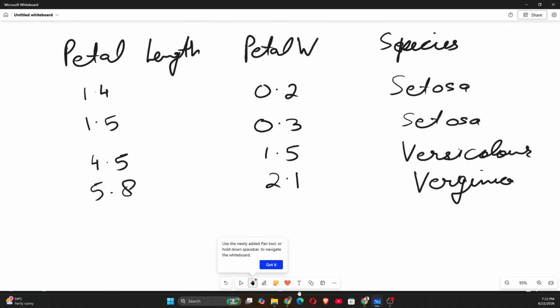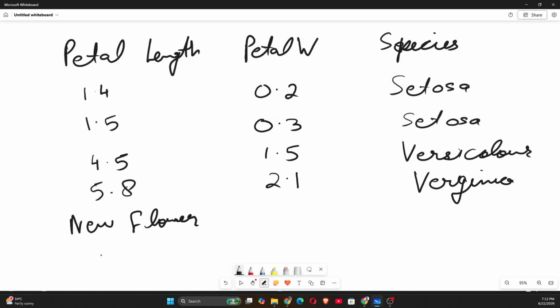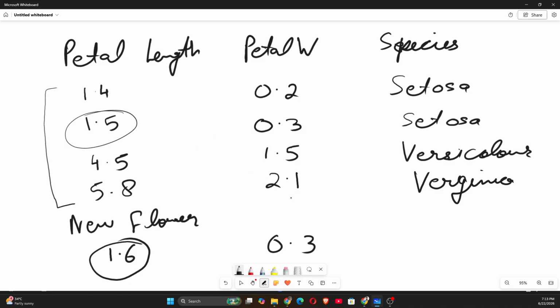So if I give a new flower with petal length 1.6 and petal width 0.3, can you guess which it would be? The nearest flower. Compare over here which values it comes nearest to, right? 1.5.